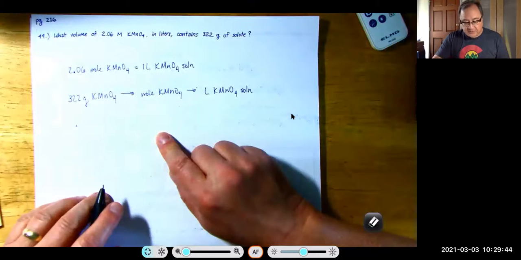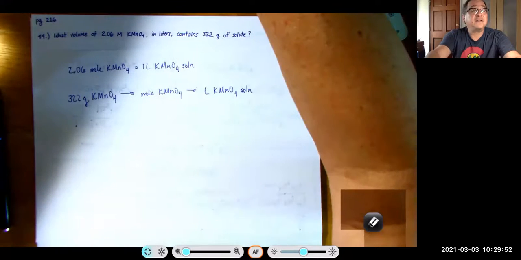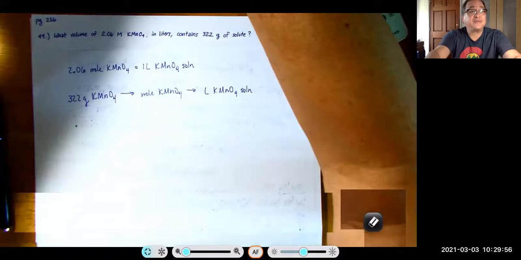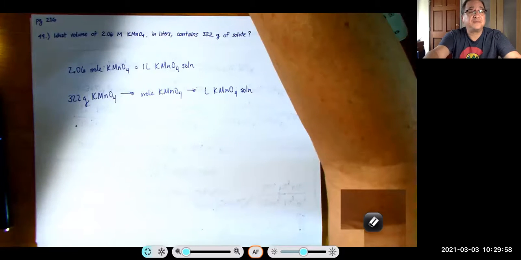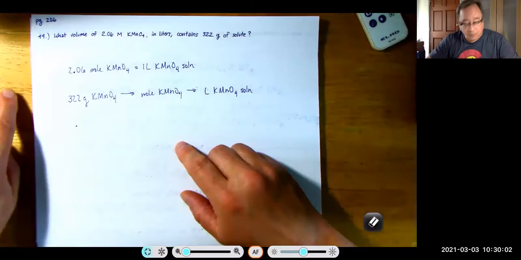So to do this, we need the molar mass of potassium permanganate. And I'm just going to Google it. KMnO4 molar mass. And I get 158.03.